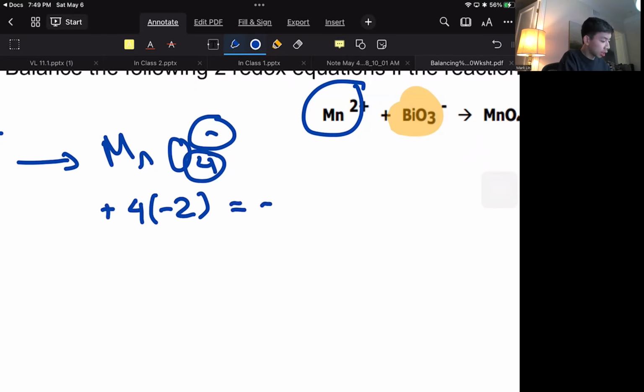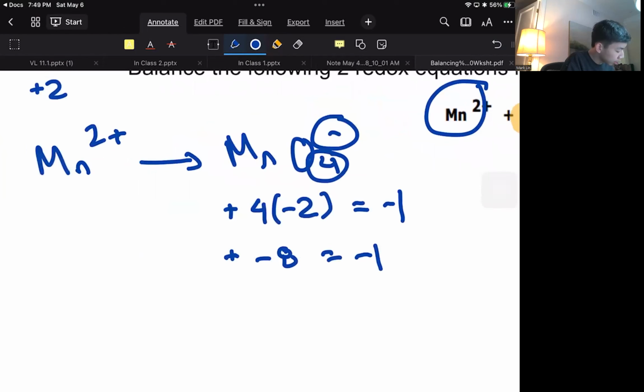In order to get -1 at the end, because the charge is -1, it's going to be -8. So X plus -8 equals -1, X is going to be 7.